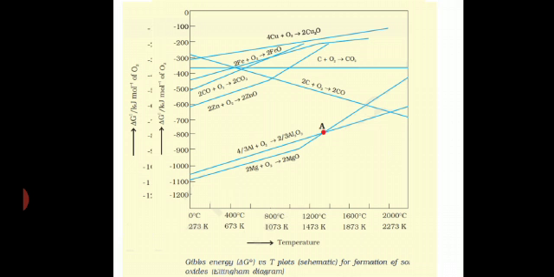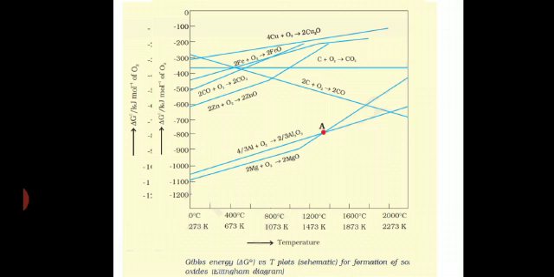Here no reducing agent is required, because on heating, for metals like silver and mercury, delta G naught exceeds 0 and becomes positive at high temperatures.